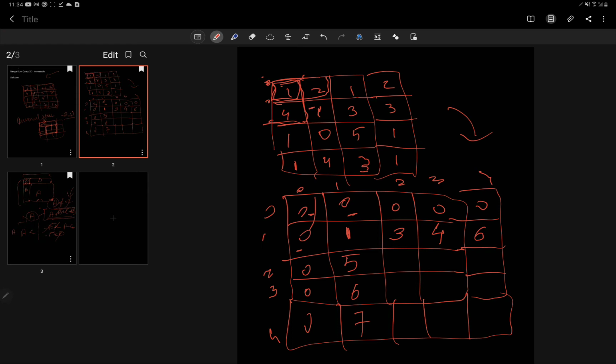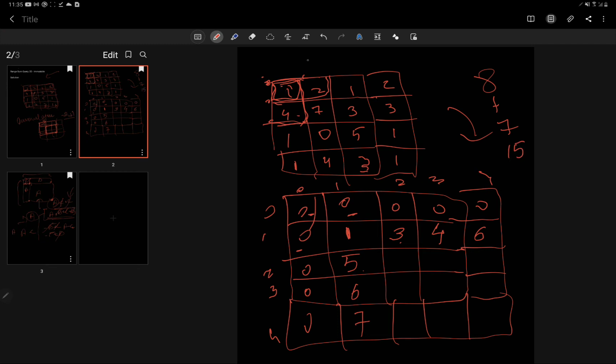So the sum up to here would be cumulative sum 5, plus the sum up to here would be cumulative sum 3, so 5 plus 3 is 8, and let's change this value to 7, suppose. Now adding the value at that point, that would be 8 plus 7, that is 15.